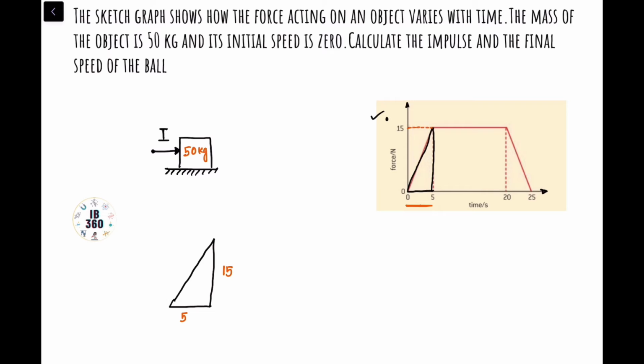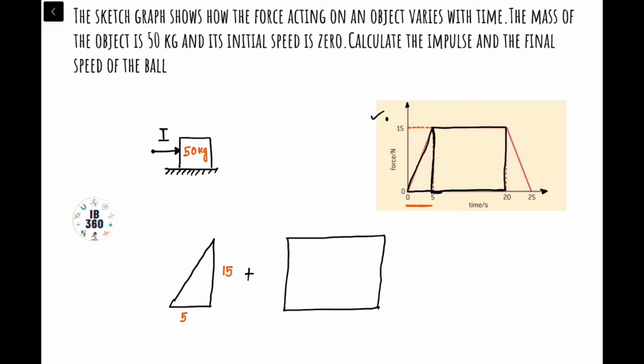Similarly, what will be the second area? The second area will be a rectangle like this. I'm just dividing the area to calculate the net area easily. What is the length of the rectangle?